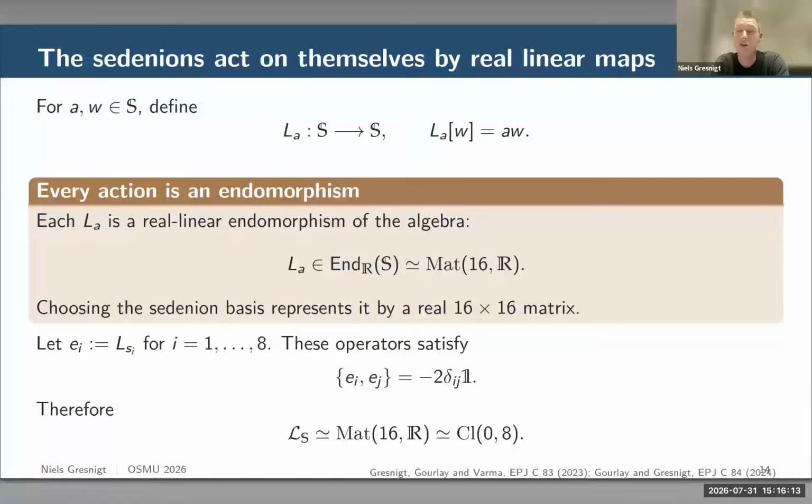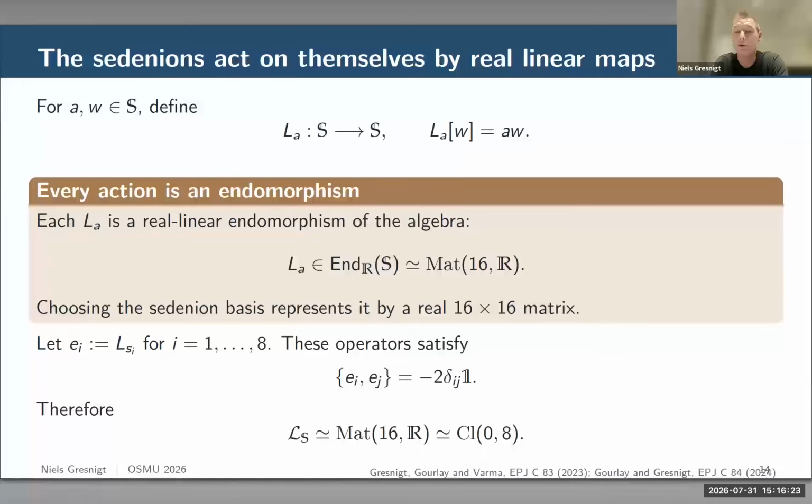So the first 7 are just the octonion ones. And then we have the first extra one, which is S8. If we consider the left actions of them on a general sedenion, then we find that they anti-commute. And in fact, they generate the real Clifford algebra CL08.